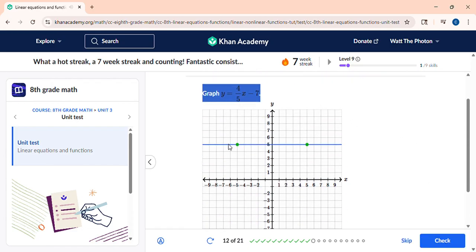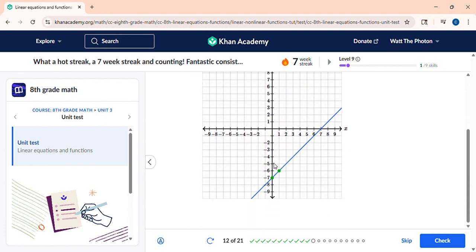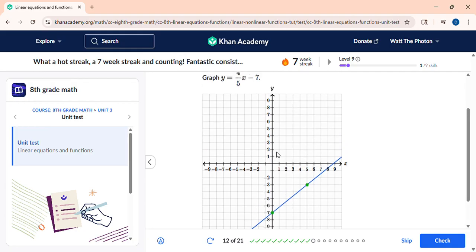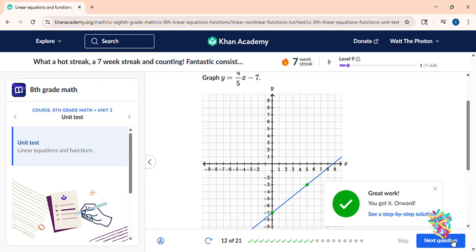Graph. So we have -7, we have 4, 5, 4. So 1, 2, 3, 4. 1, 2, 3, 4, 5. -7. 1, 2, 3, 4, 5. 1, 2, 3, 4. I'm happy with that. -7.